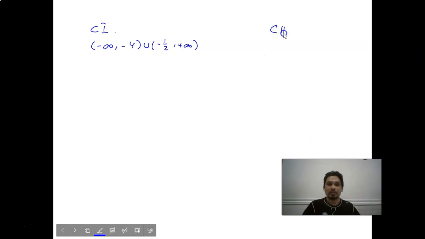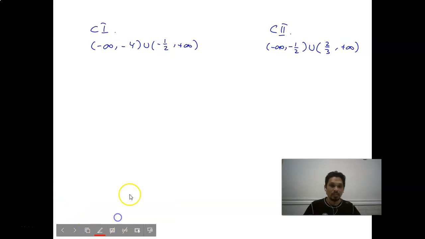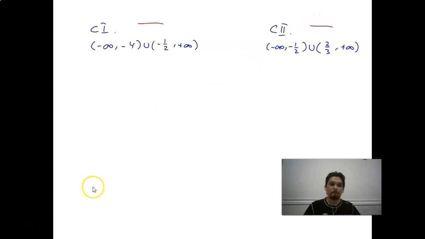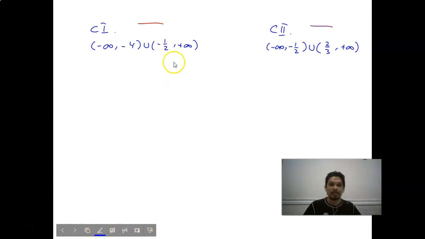And case number 2, it is negative infinity until negative 1 over 2 union 2 over 3 to positive infinity. Okay, for case number 1, I'll sketch with red ink, and for case number 2, I'll sketch the number line with purple ink. Okay, so now let's get back to this one here.